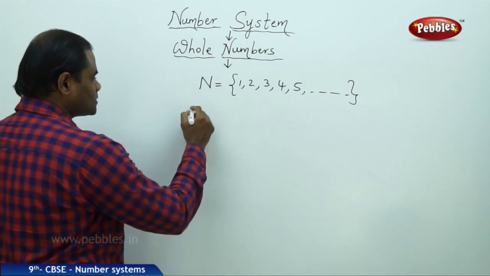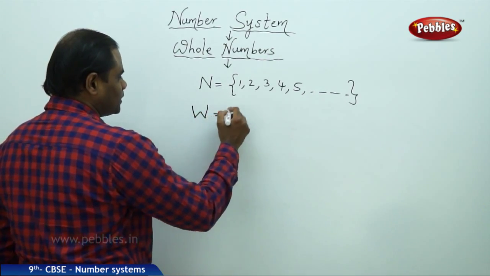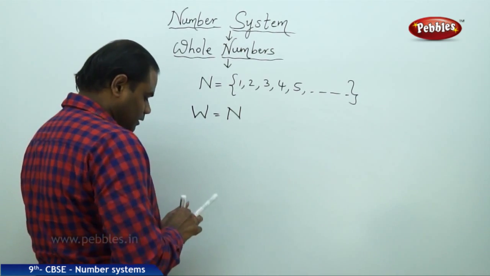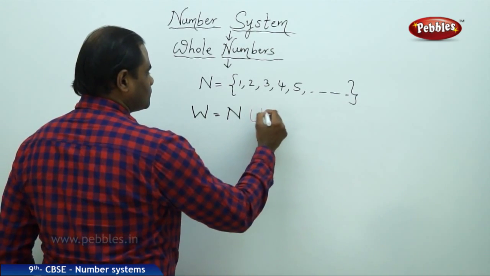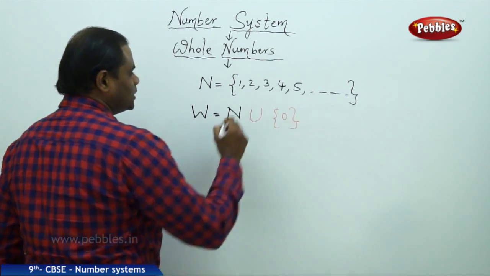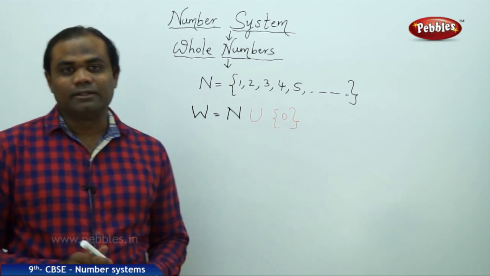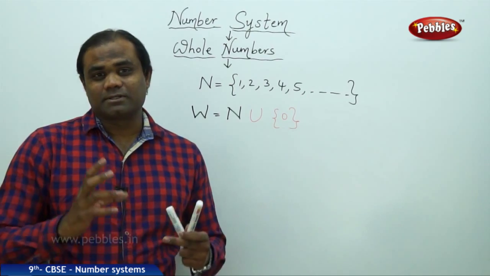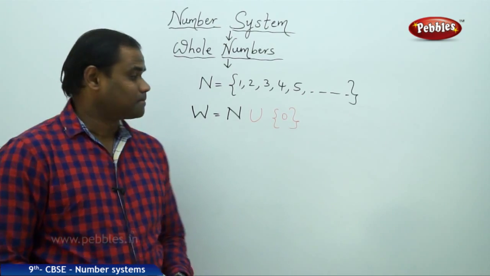Then whole numbers is nothing but natural numbers, including 0, and that is what we identify as the difference between natural numbers and whole numbers.